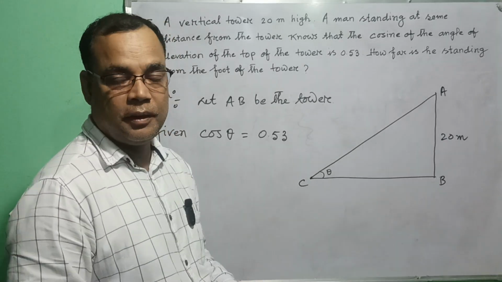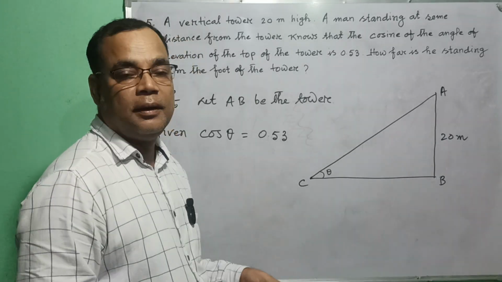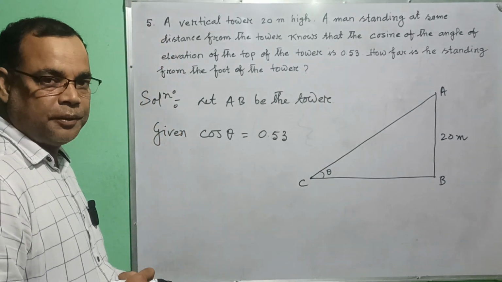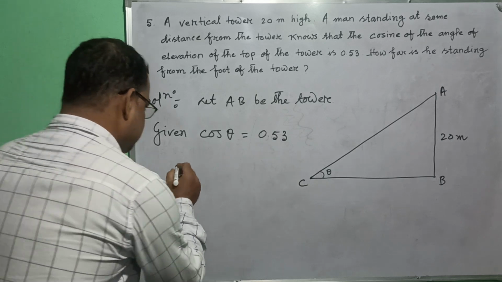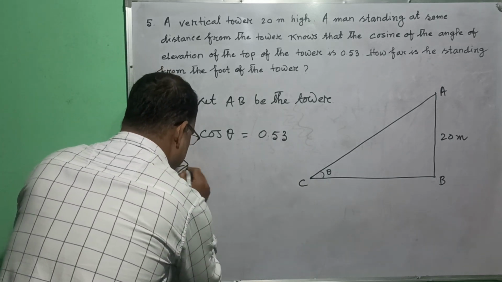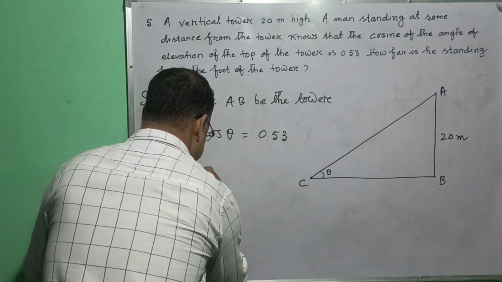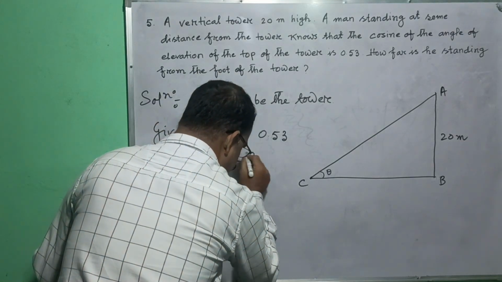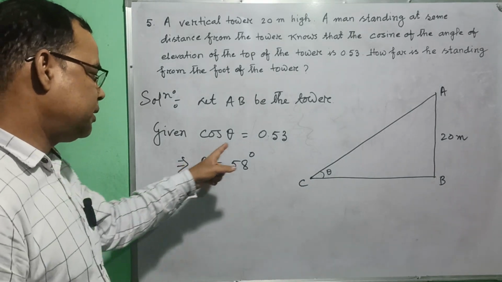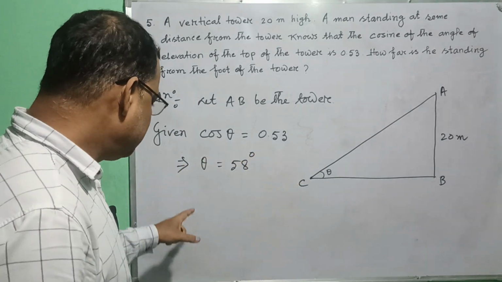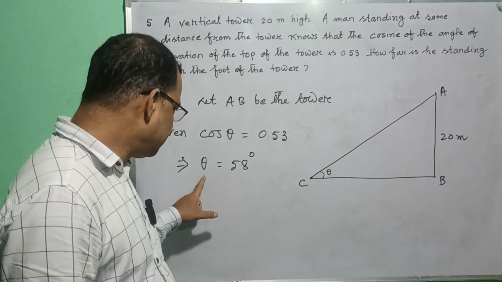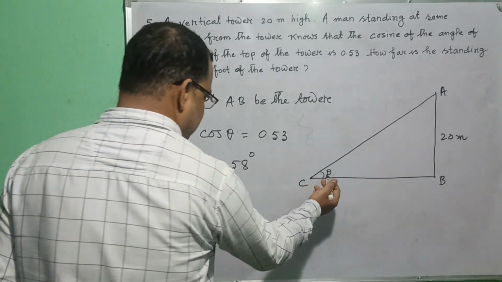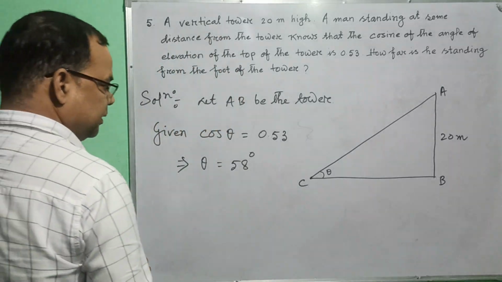From this value, if we want to find the angle, then we need the trigonometrical table, which will be provided for you in the exam. From the table we know that if cos theta equals 0.53, then theta equals 58 degree.